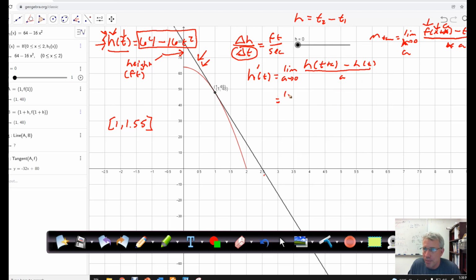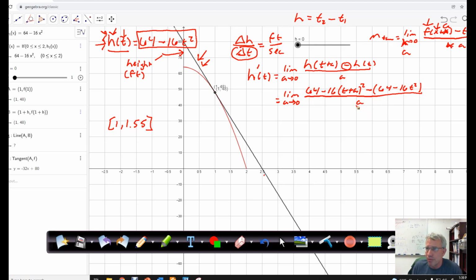So I'm going to take the limit as a goes to 0 of 64 minus 16 times t plus a squared, minus the original function, which is just 64 minus 16t squared, and this is all over a.